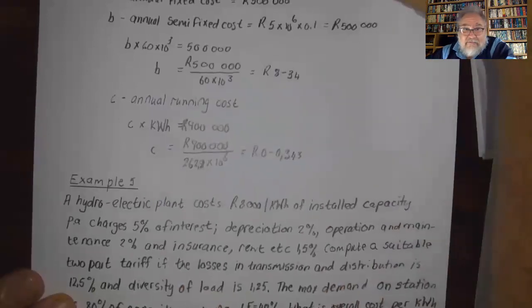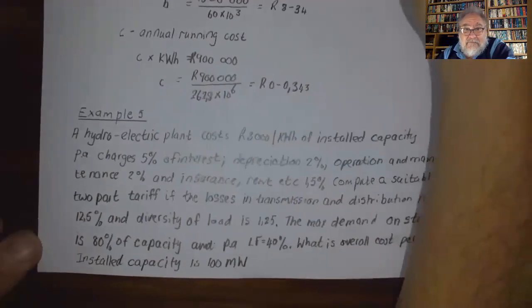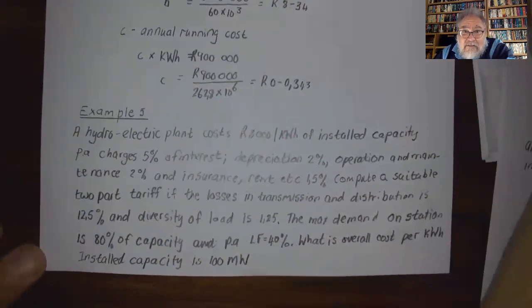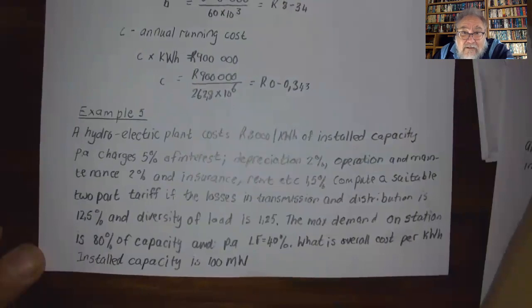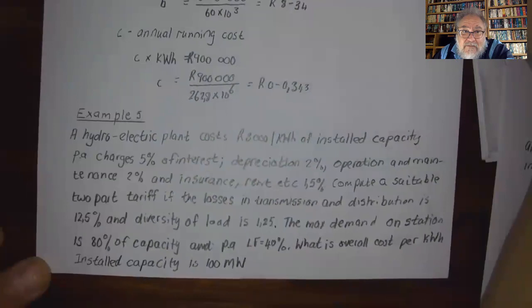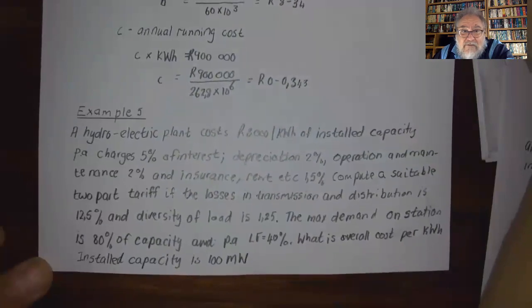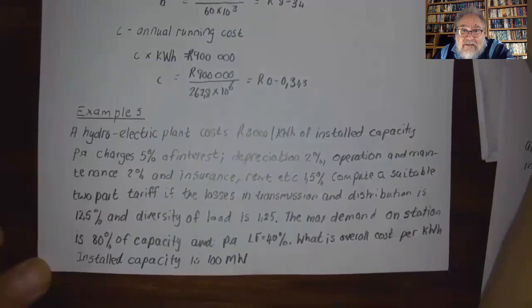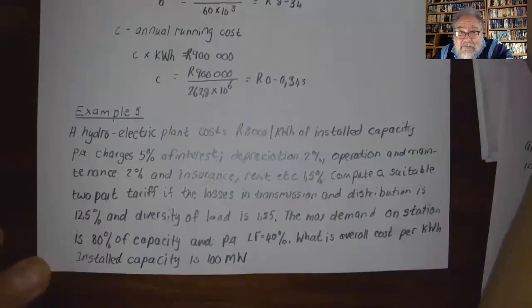Example 5, hydroelectric plant cost 8,000 Rand per kilowatt of installed capacity. The annual charge is 5% of interest and depreciation is 2%. Operation and maintenance is 2%, and insurance, rent, etc. is 1.5%.